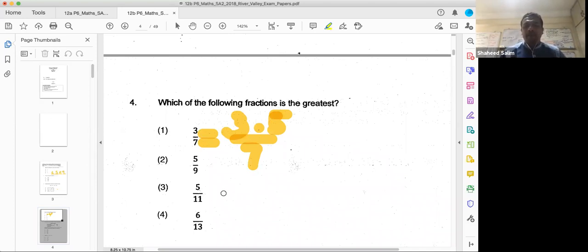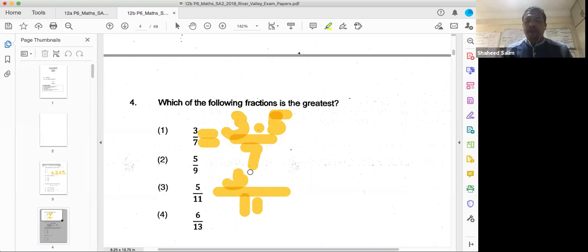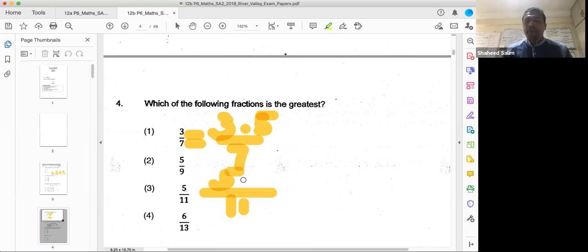Now we try 5/11. What is half of 11? Can you use a calculator? Half of 11 is 5.5, not 4.5. So 5.5 is half, and 5 is less than half.